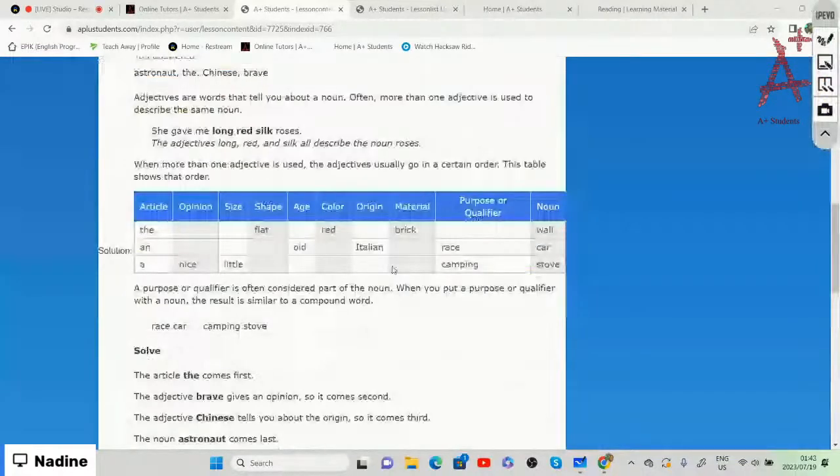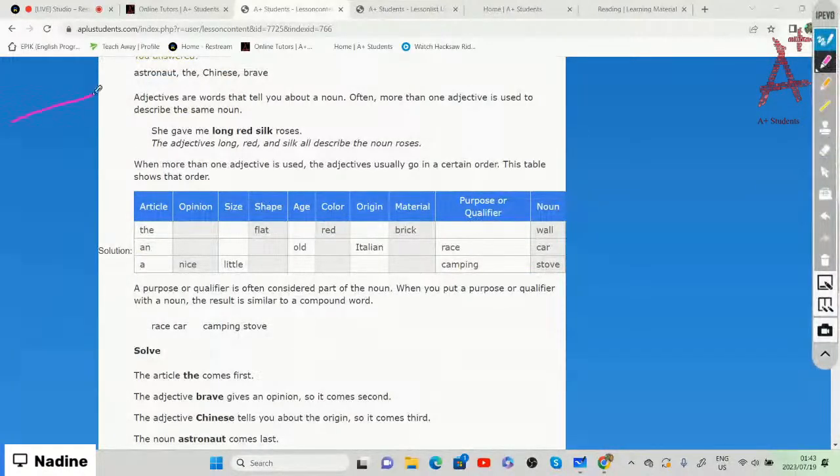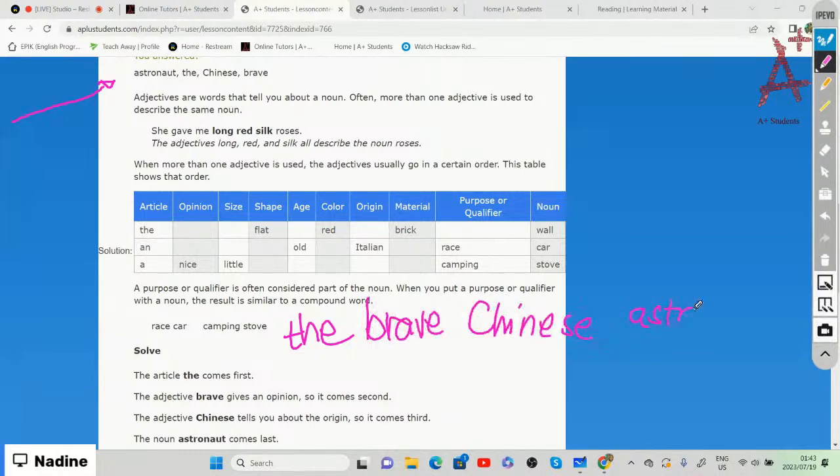All right, if we look at the next sentence, astronaut, the, Chinese, brave. We need to put those words in order. We start with the, because the is the article. Then we say the brave Chinese astronaut.